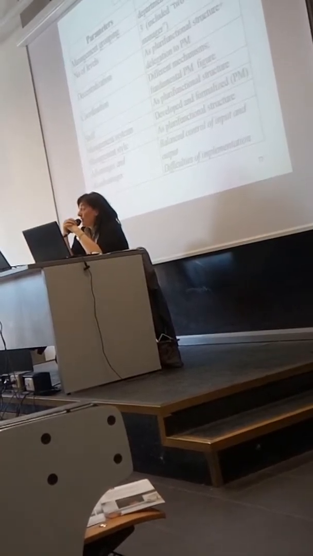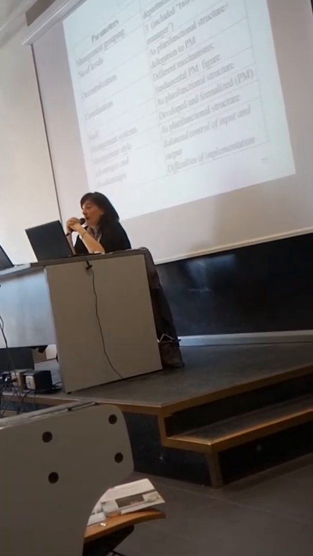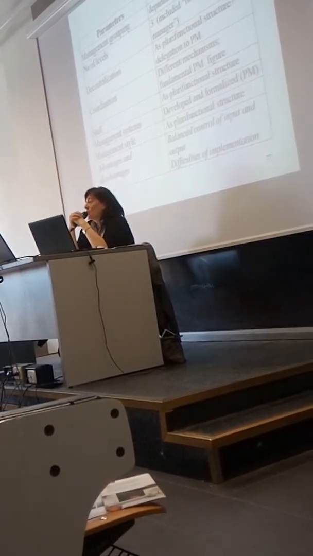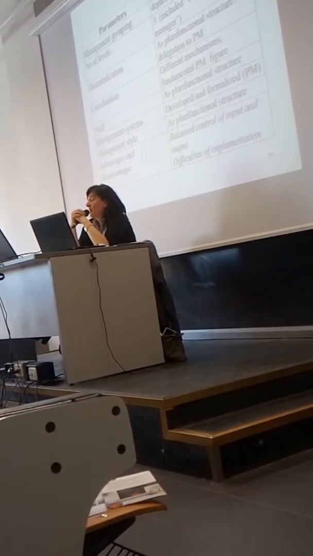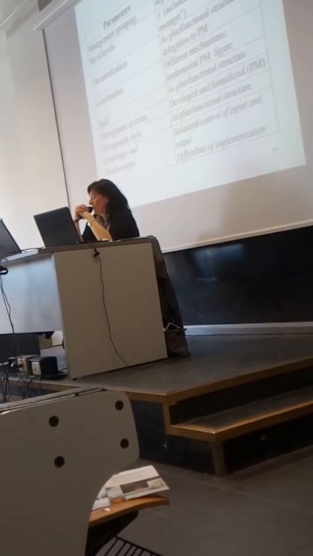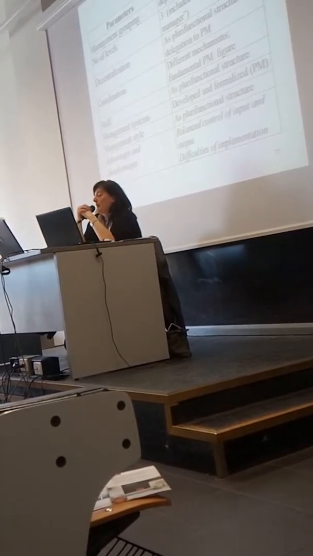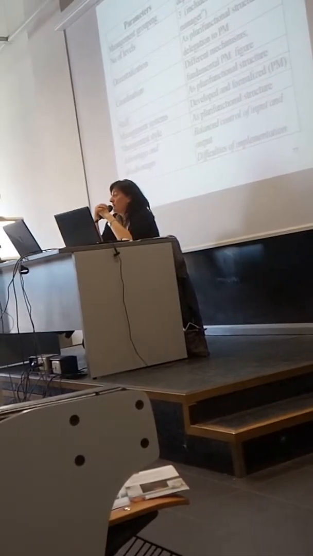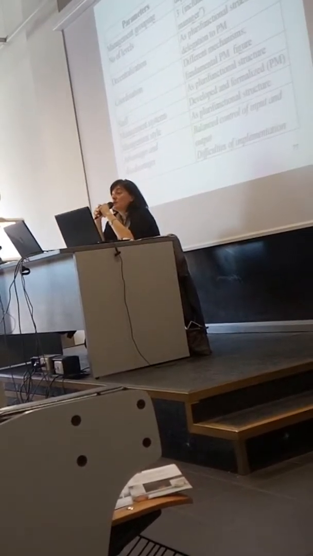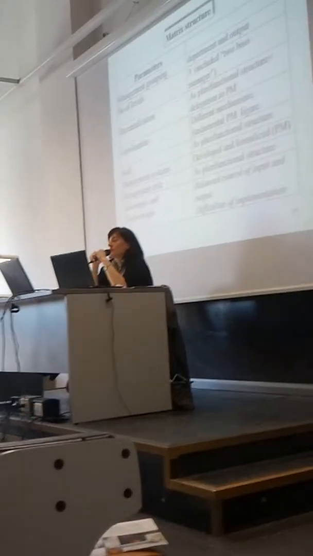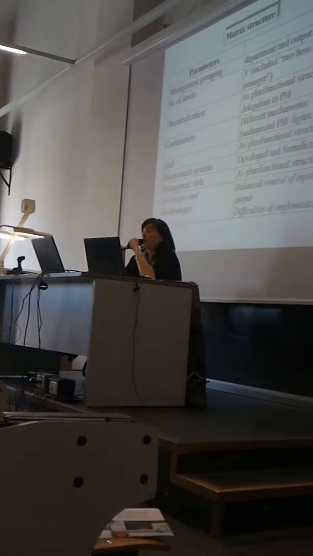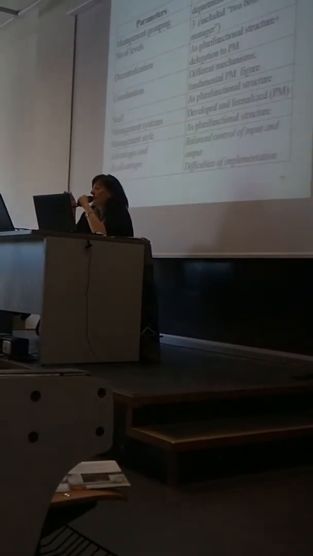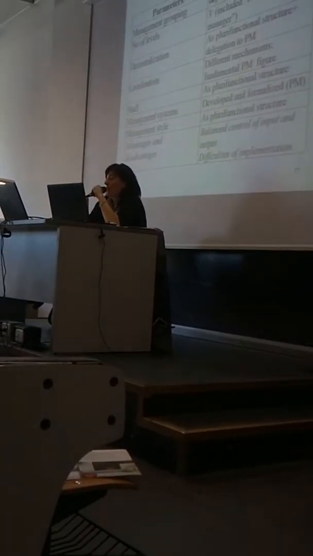And the matrix structure is characterized by the presence of two critical variables controlled. In particular, inside the matrix structure, it is possible to control usually an input and an output variable.